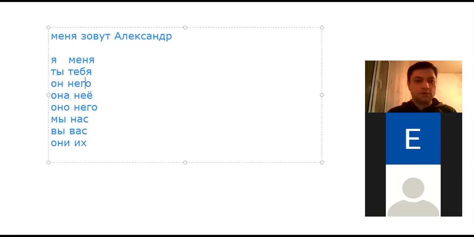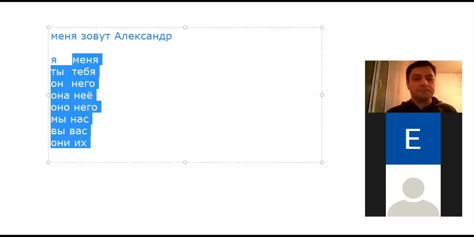So in the second column, you see pronouns in the genitive case. And luckily, in the accusative case, pronouns will look exactly the same.